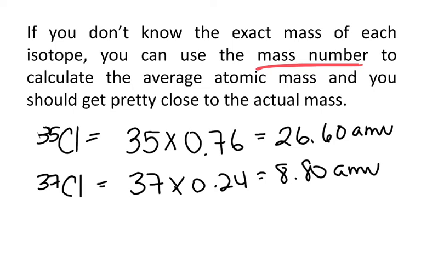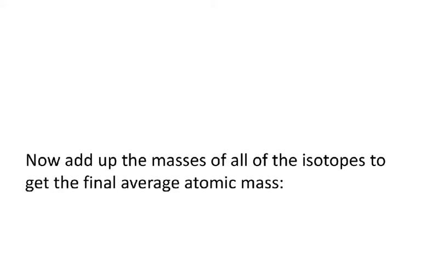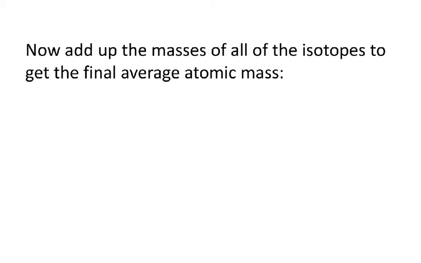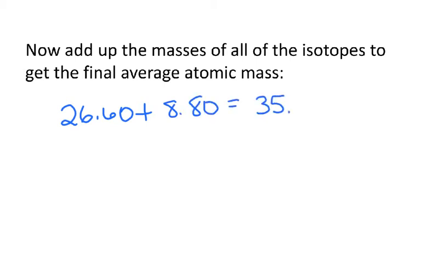Okay, so now, what do we do next? Because we have two different masses. Which one do we use? Actually, now we're going to add up the masses of the isotopes to get the final average atomic mass. So we're going to take the 26.60 plus 8.80, and we get 35.48 AMUs.